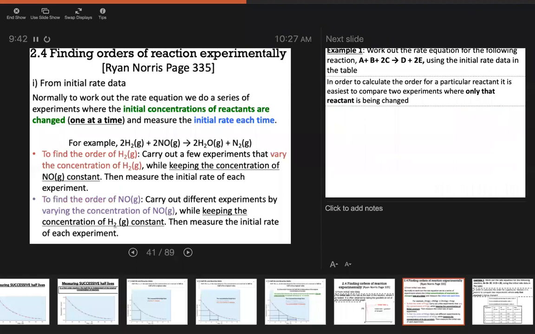You want to know the effect of changing the concentration of nitrogen monoxide only on the rate. So this time you keep the concentration of hydrogen constant and you change the concentration of nitrogen monoxide in different experiments. And then of course you look at the rate.